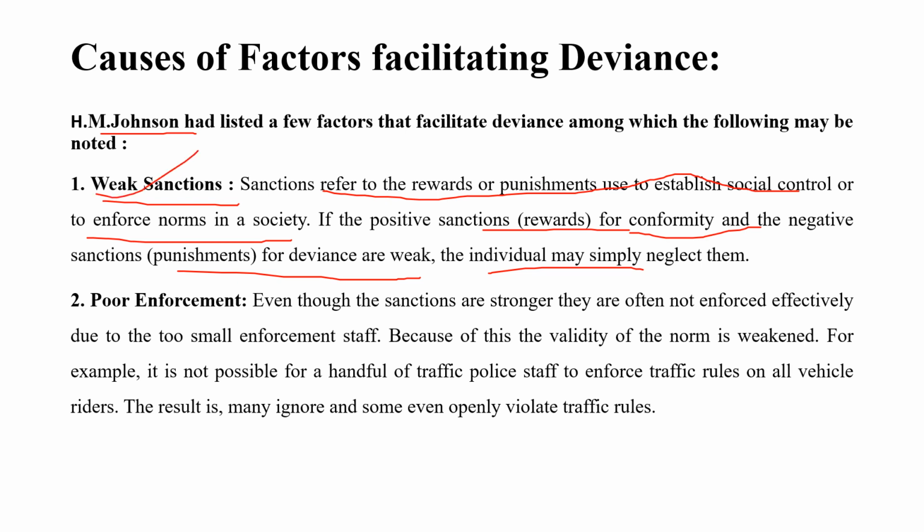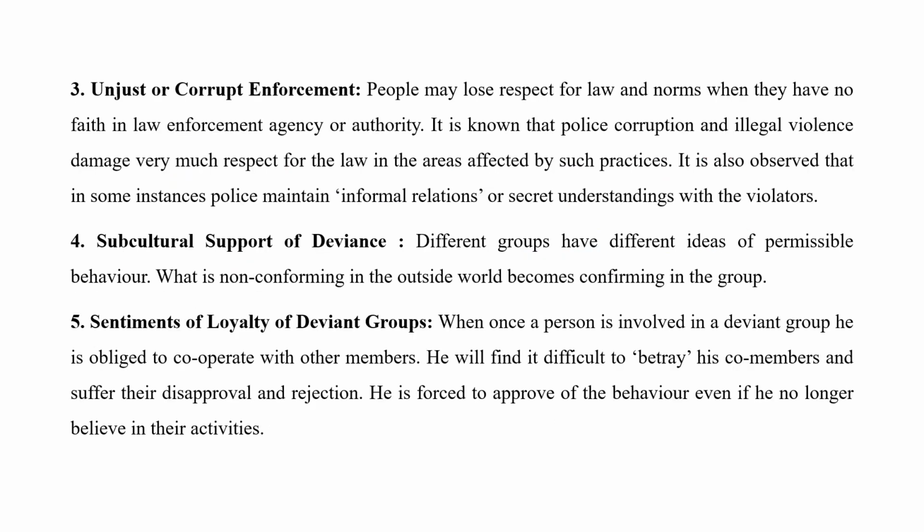Now poor enforcement. When you're poorly enforcing the normative system, then it also leads to people often doing deviant behavior. So it has to be strongly enforced if you want to maintain that social norm over a period of time. Now, unjust and corrupt enforcement. It happens a lot of times that people who are supposed to adhere or ask others to adhere to it.